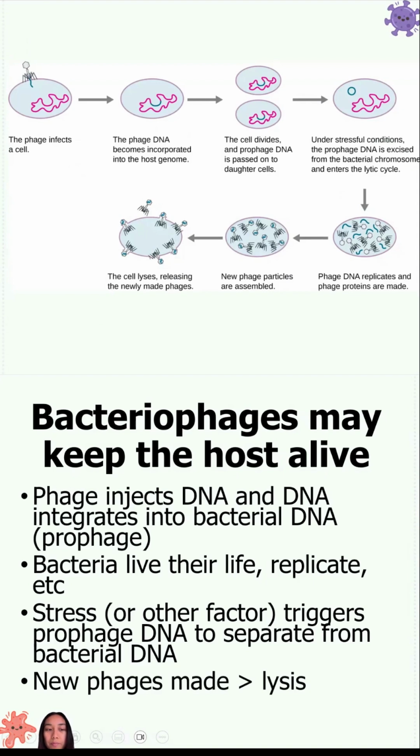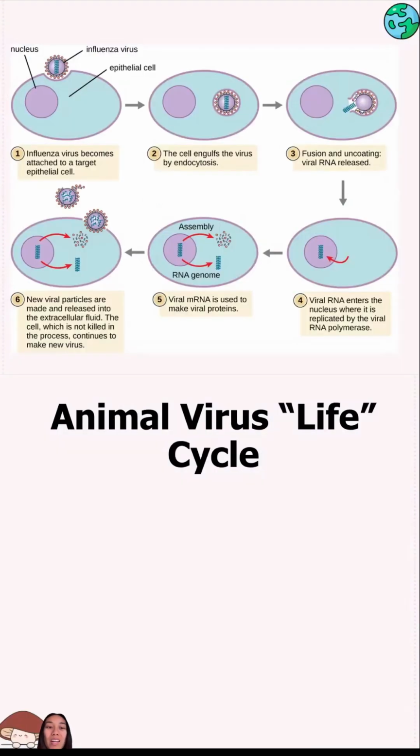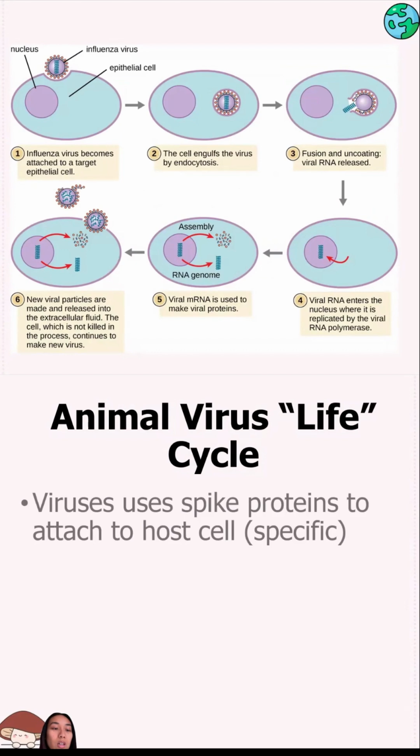cycle. Okay, now animal viruses go through a very similar process, and so you're going to see a lot of similarities here. Viruses are going to attach to their host, and again, these are animal viruses. So, for example, something that infects humans or something that infects pigs or birds, whatever kind of virus we're talking about. The virus is going to bind to its host, and then the entire virus goes inside.